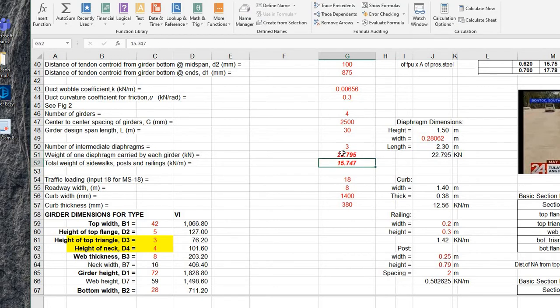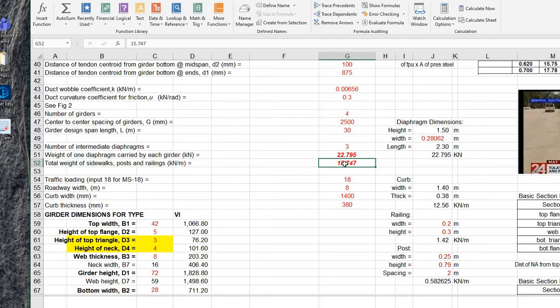Next is, so, ibig sabihin, alam nyo kung ano ang ilalagay na value dyan. Hindi lang basta-basta na mag-i-input ka riyan. So, magde-depend yan sa dimensions ng mga structures mo. Next is, dito na tayo sa 15.747.